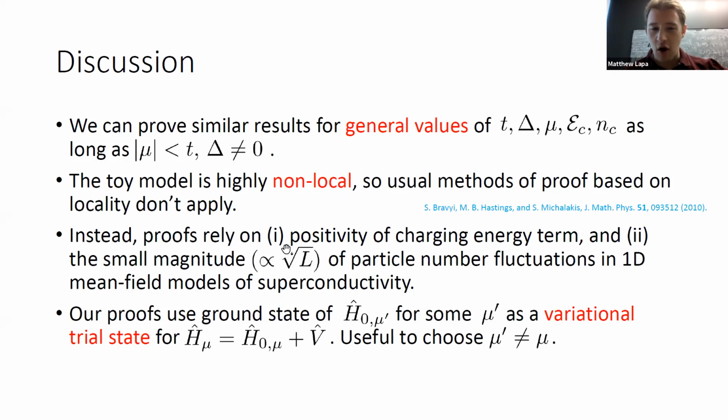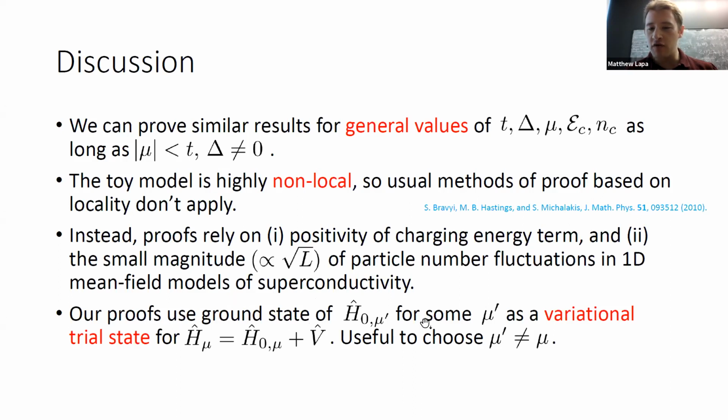Instead, our proofs are tailored for this particular problem, and they use the positivity of the charging energy term. They also use the fact that if you have a 1D mean field model of superconductivity, then the fluctuations of the particle number are fairly small. They scale as the square root of L. More generally in BCS theory, it's a well-known result that the particle number fluctuation scales as the square root of the system size.